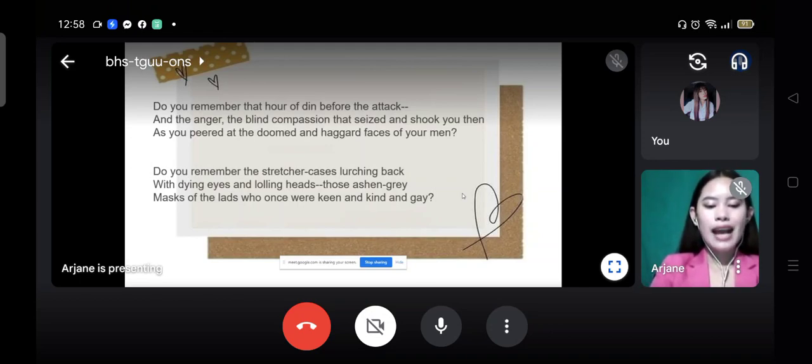You can see how the people were shocked, and the doomed and haggard faces can be seen, not a safe situation for the soldiers, because it was written here with dying eyes, with lolling heads, meaning the soldiers are almost dying, almost dead. So they don't have the assurance to survive.